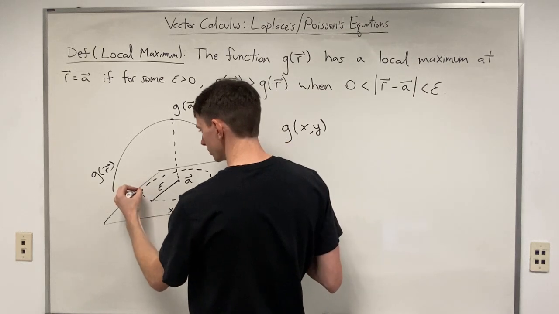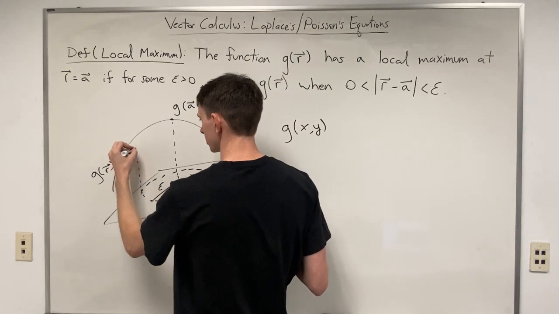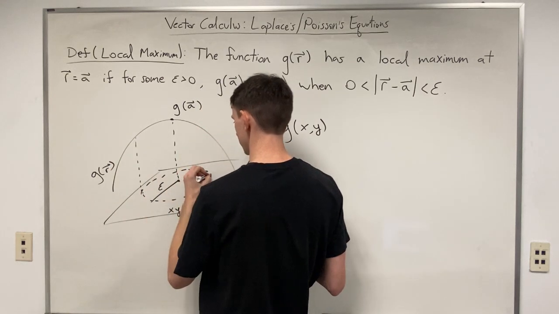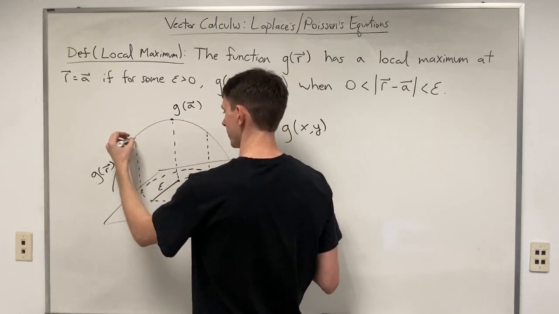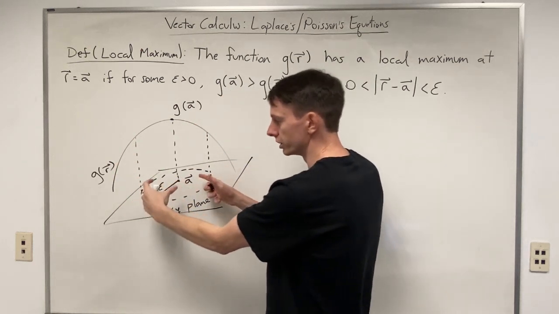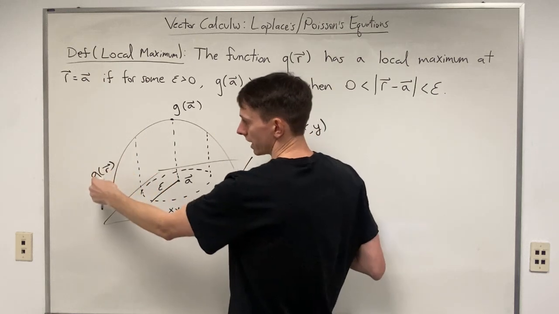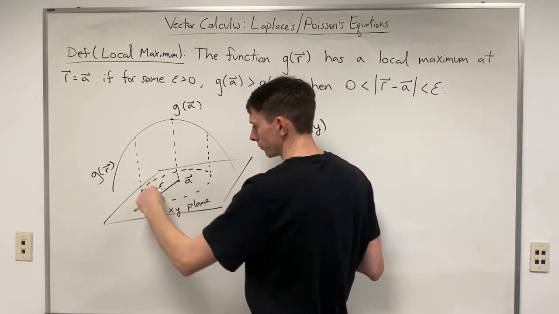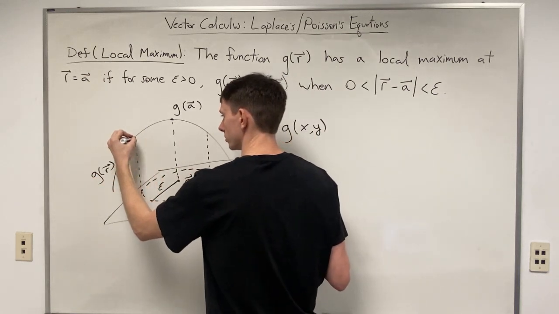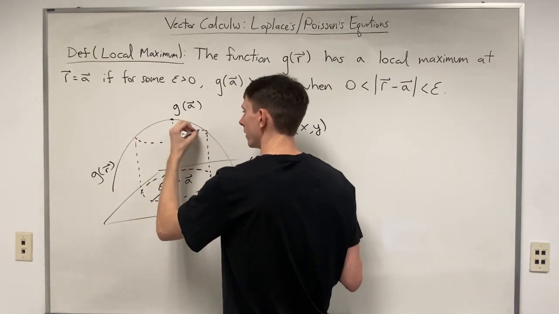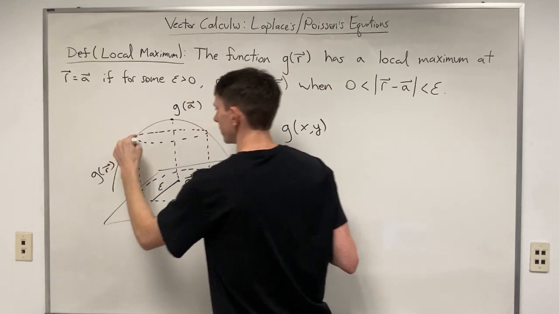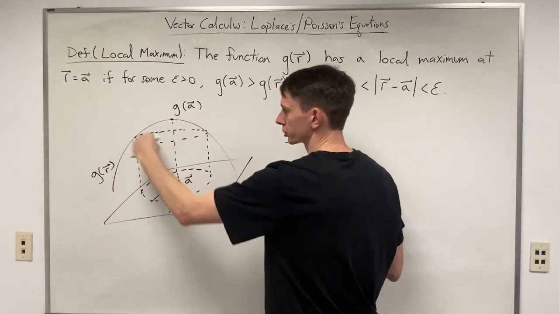Well, we just extend this upwards, and then this circle in 2D space. Now when we evaluate g for all of the data points within this circle, it's going to map out the top edge of this curve right here.